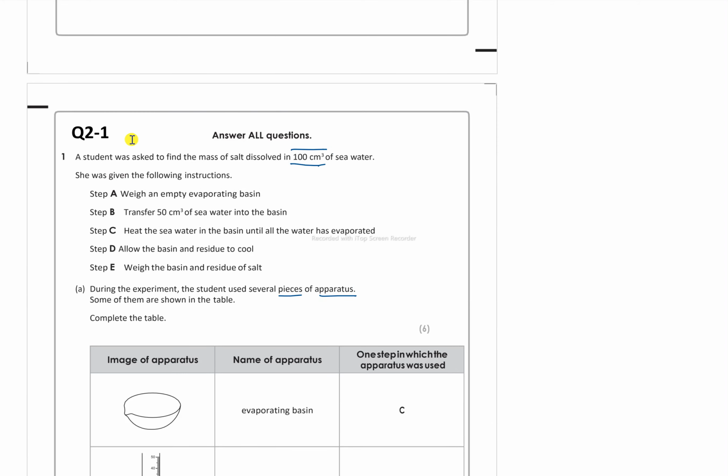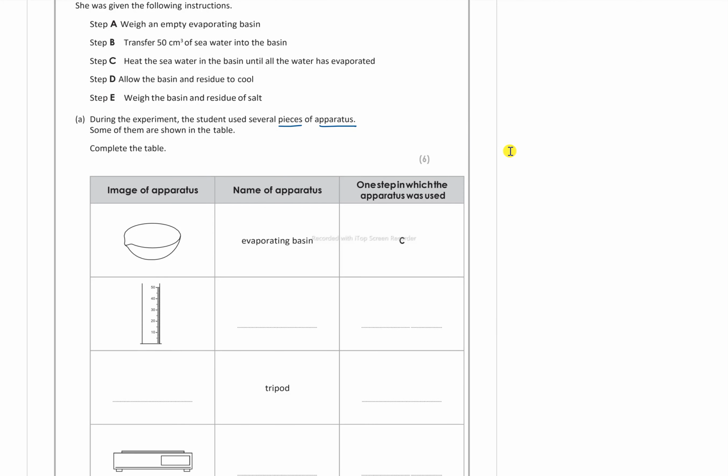That is a separate question. So the measuring cylinder was for that. So this is a measuring cylinder. They've not given you any hints this time. This is step B. So you fill this with the water up to there and you pour it in.